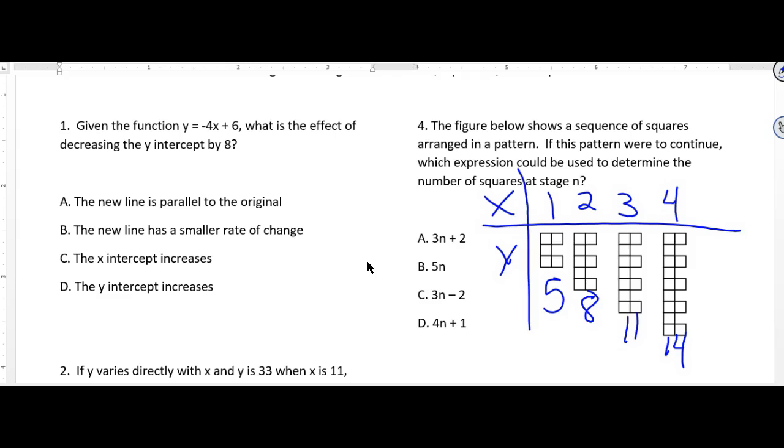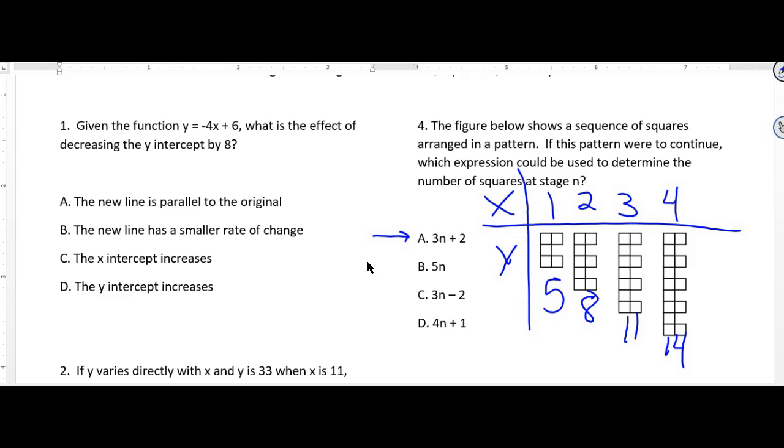We can do that a couple different ways. I can make a scatter plot on my calculator of all these x and y values, using lists and spreadsheets, data and statistics. I could check all of the answer choices. I could type in 3n plus 2 or 3x plus 2 in my graph, Control T, and look at a table.